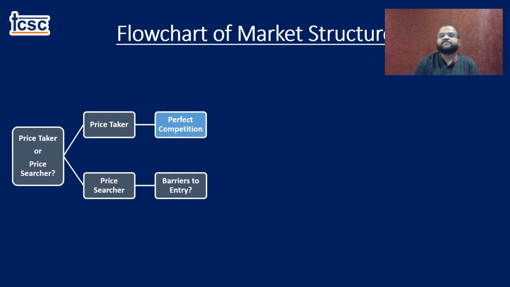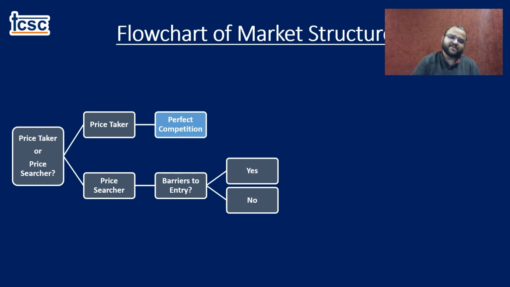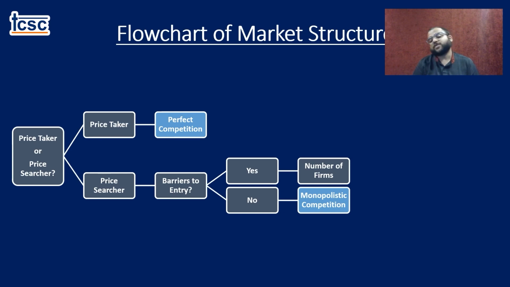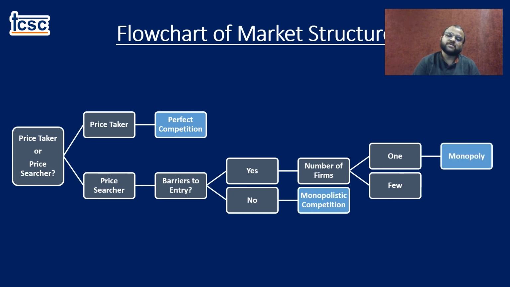But if it is not a price taker, it's a price searcher. We try to understand whether there are barriers to entry for a firm or not. If yes and if no, there are two different markets. If yes, how many barriers are there and how many firms are involved? If no, then you are in monopolistic competition. Significantly, depending on the number of firms, whether it is one or few, we identify it as monopoly or oligopoly.